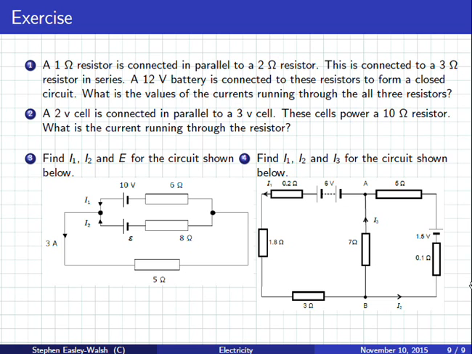Minus 16I3. Correct. Minus 16I3 equals 0. So write that down. 12 minus 4I1 minus 16I3 equals 0. Did you write that down?